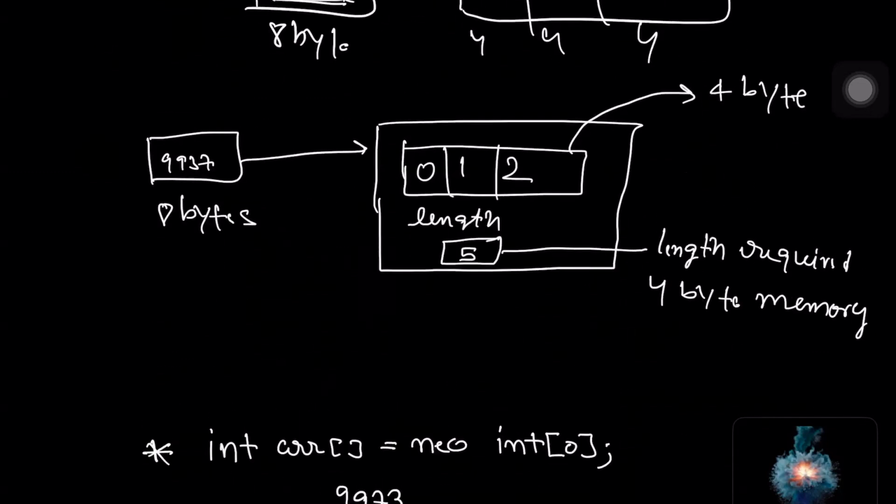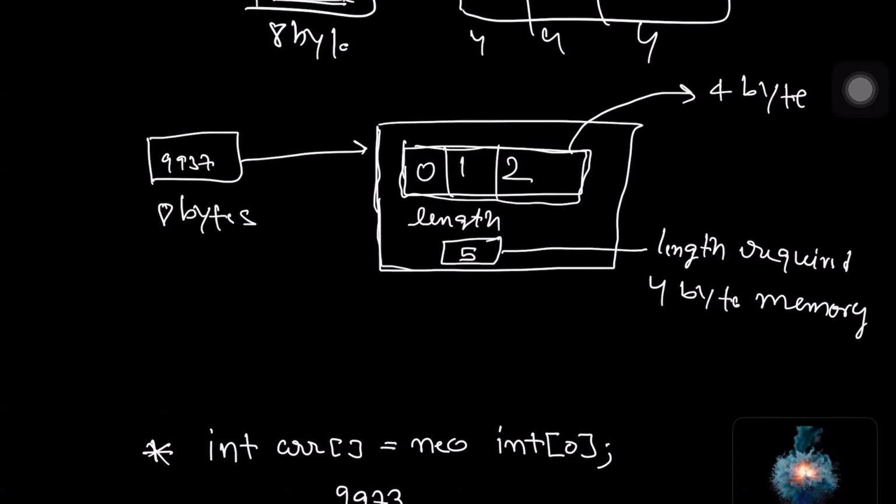In one line when you initialize, it will create a block which takes 8 bytes of memory because it's a reference type. It will keep the memory address of this block. In this block we'll have the array, which is of int type, so each will have 4 bytes of memory space. There are 3 elements, which means 12 bytes, and another 4 bytes for the length property I told you about yesterday, right?